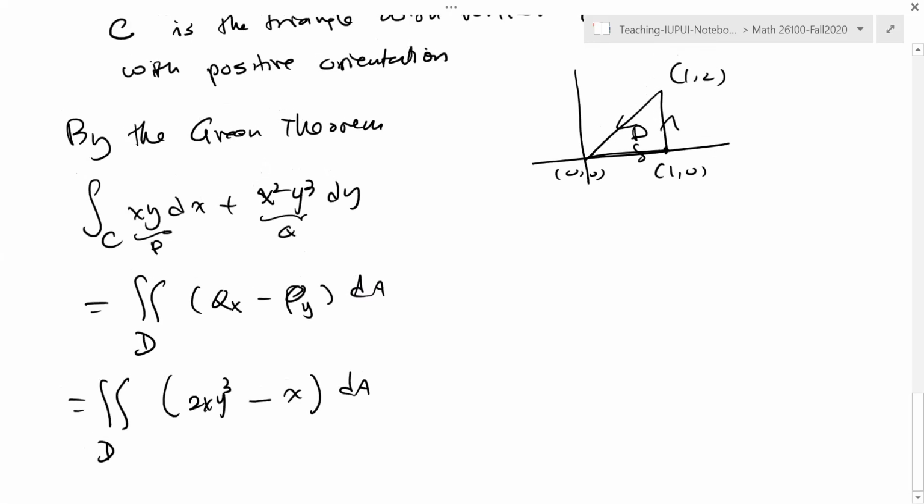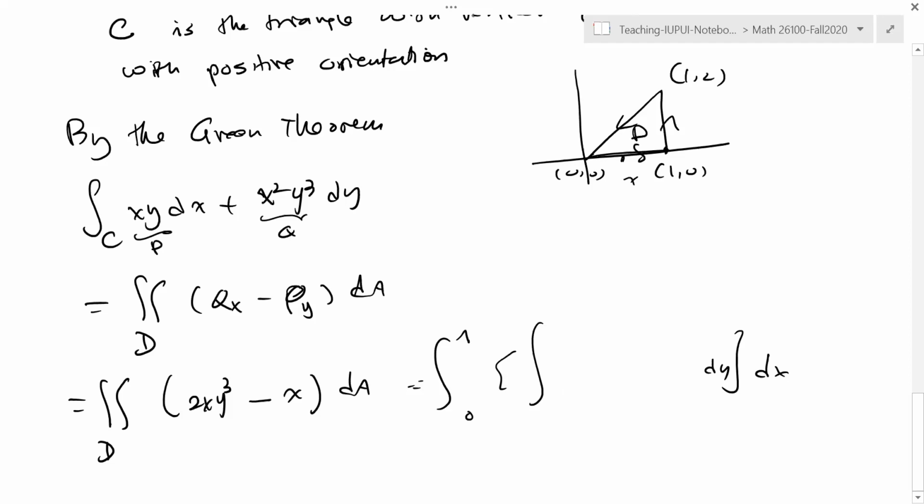I'm going to show you 2 different double integrals. If you want to start with x, then you look at the picture. X can be between 0 and 1. The smallest value for x is 0, the largest value for x is 1. Then for each x, you have to find the lower bound and the upper bound for the y variable.